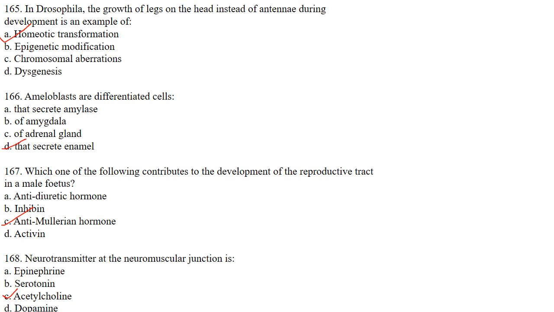Then which one of the following contributes to the development of the reproductive tract in male fetus? Anti-Mullerian hormone is made in the reproductive tissue of both male and female. It plays an important role in the development of sex organs in an unborn baby. During the first week of pregnancy, a baby will start developing reproductive organs.